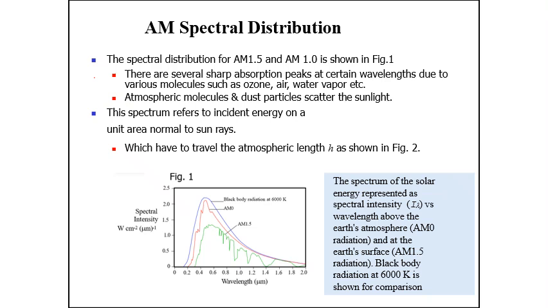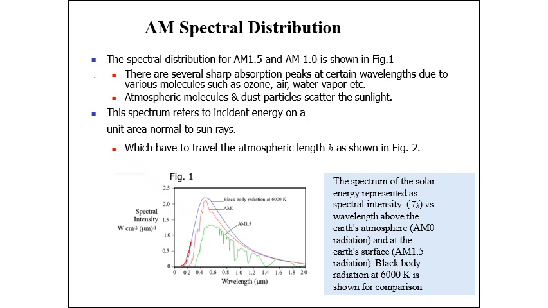Depending on the air mass, the spectral intensity and wavelength can actually vary. So we are going to look into what happens for different air masses. The outside one, the blue color one, is the black body radiation at 6000 Kelvin.